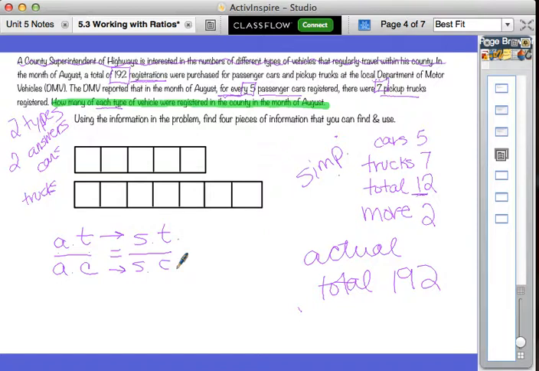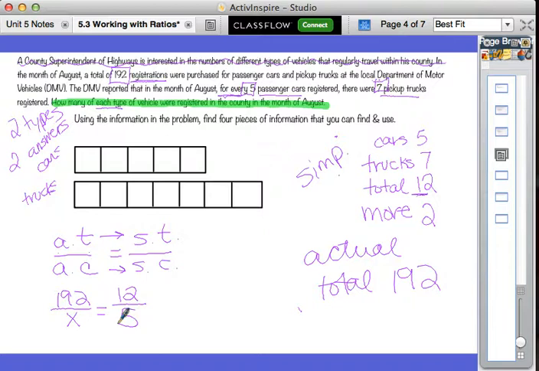So in doing that, I know my actual total is 192 over, I don't know how many actual cars there are. I do know that with my simplified ratio, I have a total of 12 vehicles, and in that total of 12 vehicles, I have 5 cars.